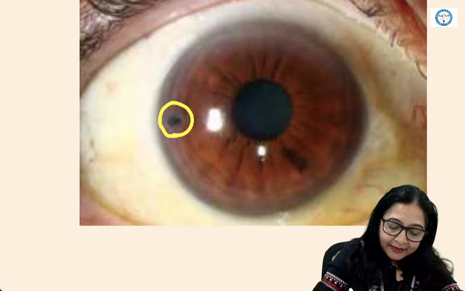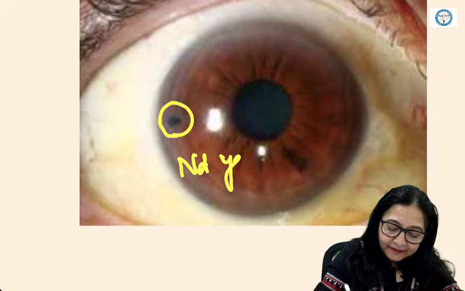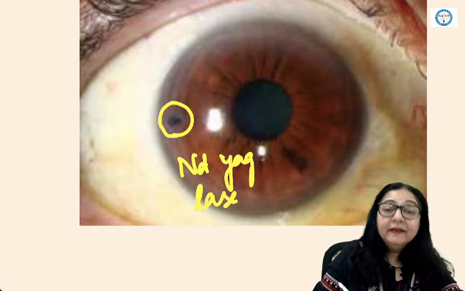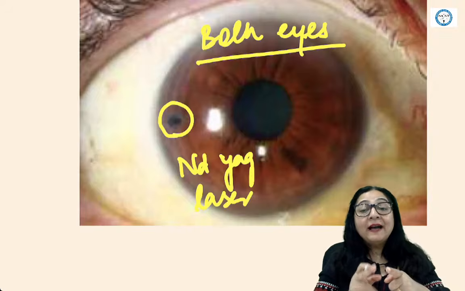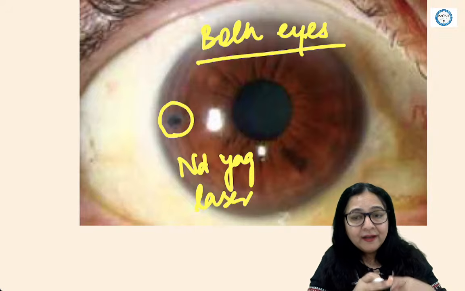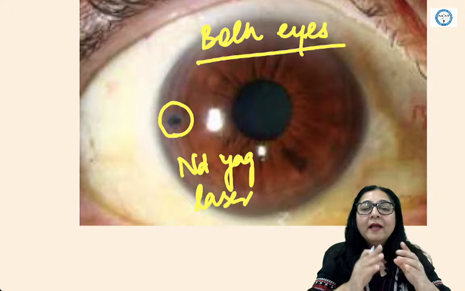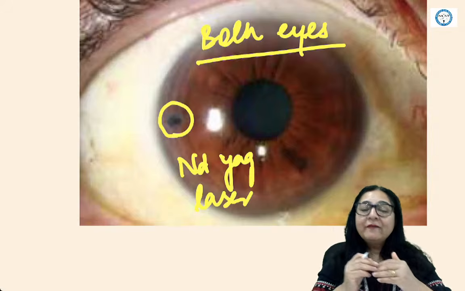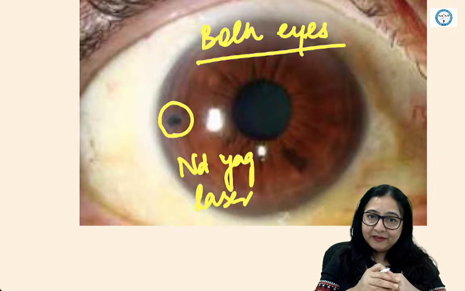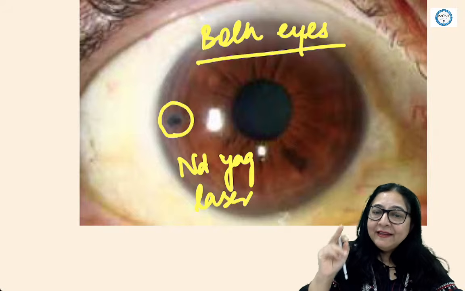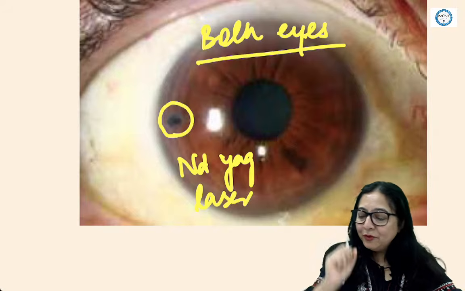Okay, by again using ND-YAG laser, and this should be done in both eyes of the patient, beta. So that is also an important point. Not only the eye which had the attack of acute congestive glaucoma, because the other eye will also have narrow angles. The other eye is also prone to develop the same condition. So we do ND-YAG laser iridotomy in both eyes.